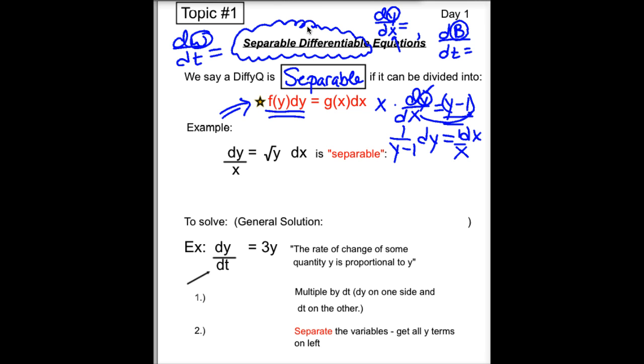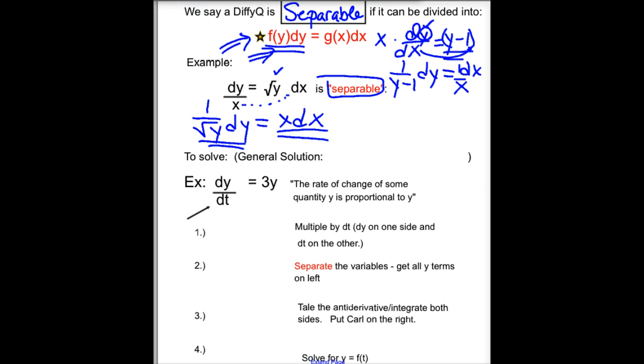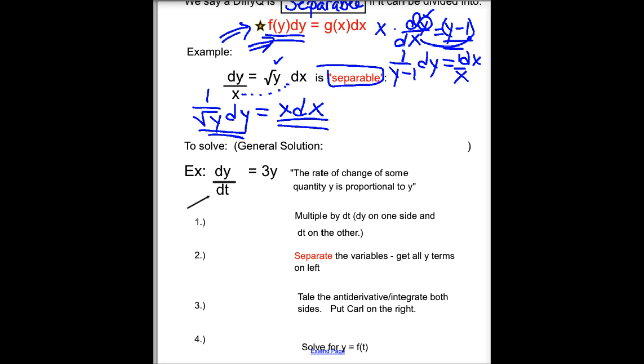For example, this one is called separable because I could divide by 1 over root y to move it over to the left, and I could multiply by x to move it over to the right. Now it's in this format of f(y) dy equaling g(x) dx. And you'll see why that is incredibly helpful. If they are separable, then we can integrate, and so then we can eventually figure out what that y is.